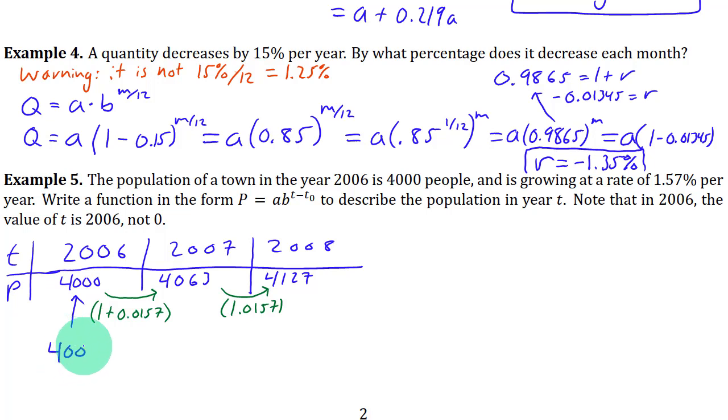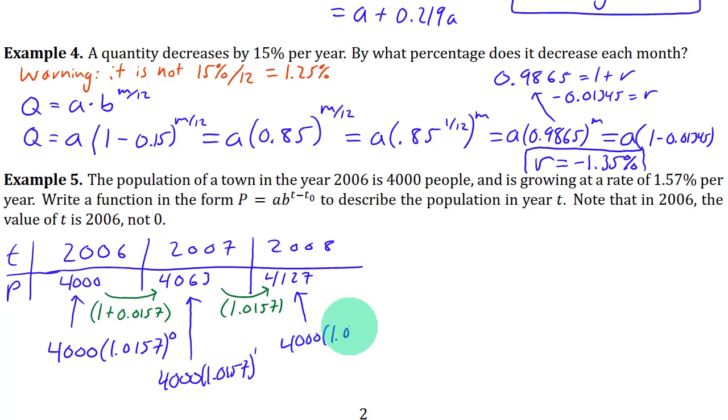We basically want to do 4,000 times 1.0157 to the power 0. Here, this should be 4,000 times 1.0157 to the power 1. This one right here should be 4,000 times 1.0157 to the power 2. So what can we do with the 2006 to turn this into 0, and do 2007 to make this become 1, and take this 2008 and make that exponent become 2?